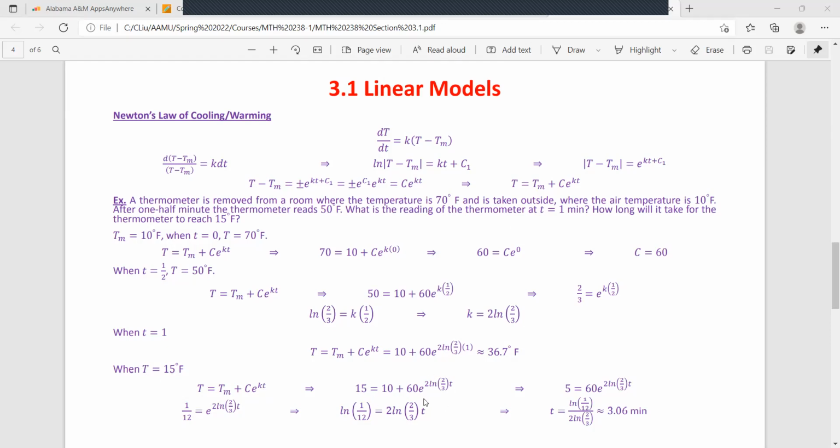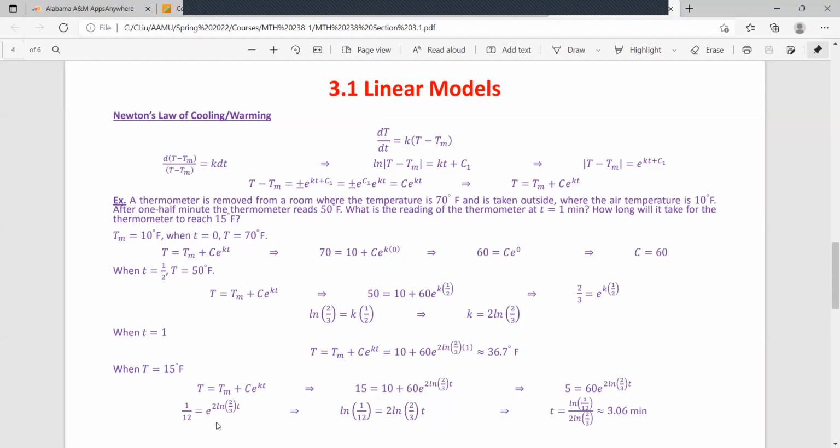So we got 15 equals 10 plus 60 times e to the 2 natural log of 2/3 times t. So subtract 10 on both sides, we got 5 on the left. So that's equal to 60 times e to the 2 ln 2/3 times t. You can divide by 60 on both sides. So we got 5 over 60 on the left, which can be reduced to 1 over 12 if you cancel 5 on the top and at the bottom.